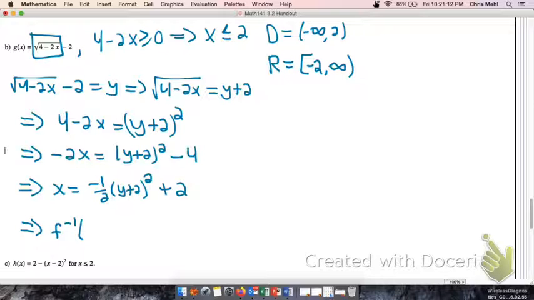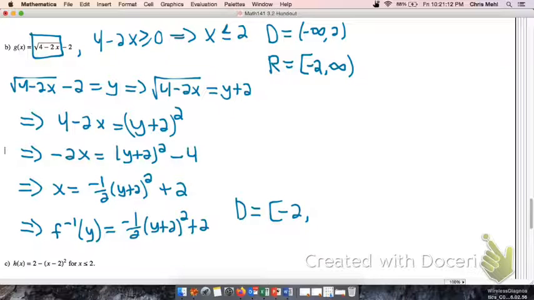And then finally the last step, replace x with f inverse of y, and this would be the inverse function. And I'll write down the domain and range. So remember, the domain and range swap, so the domain is the range of the original function, and the range is the domain of the original function, which was negative infinity to positive 2.